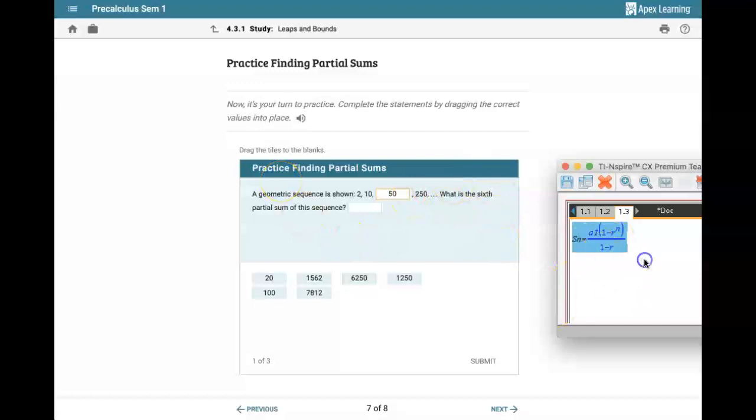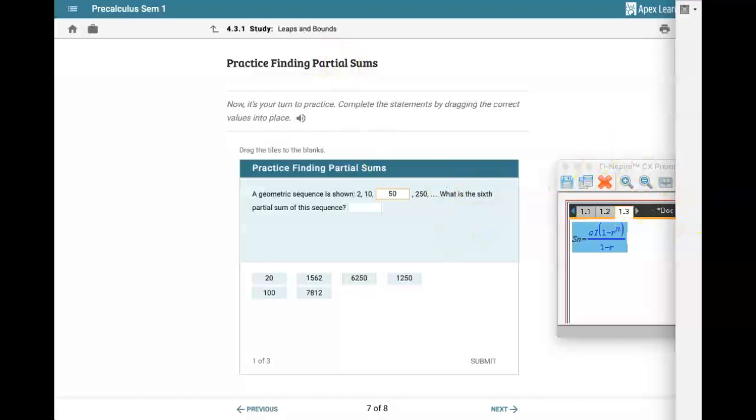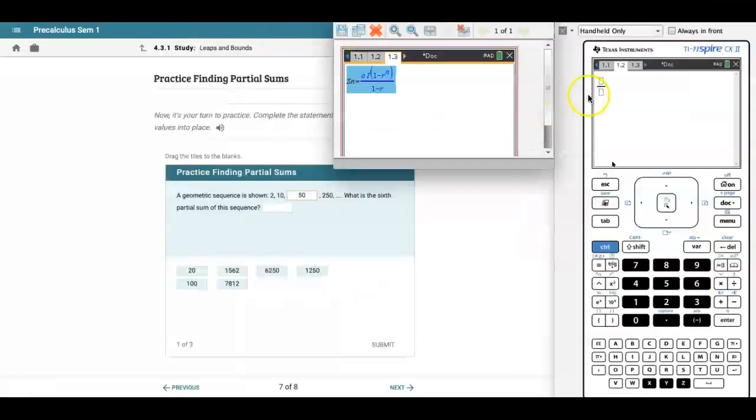So what this would look like on our calculator, I'd have to pull up my calculator here, so give me a second. Looking at my equation and my calculator, I can now do this. I'm going to have a sub 1, which is my first value, so 2, times 1 minus r to the power of n.